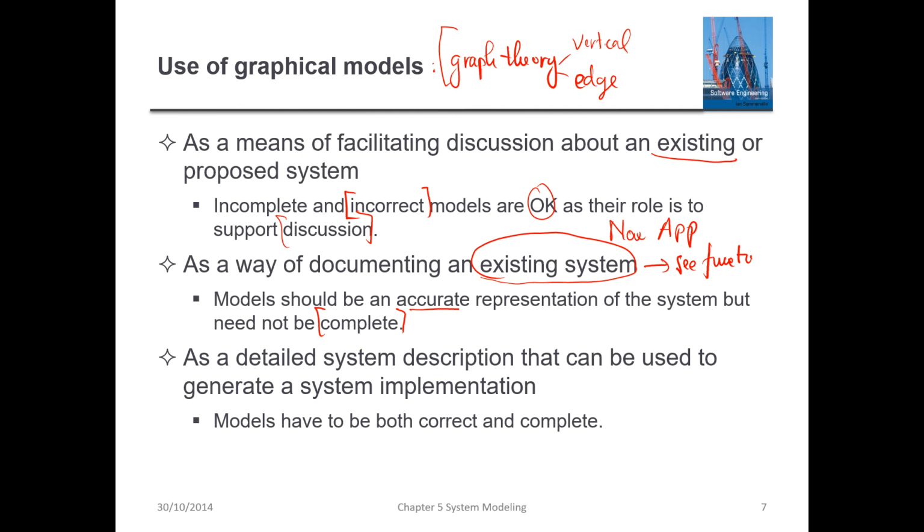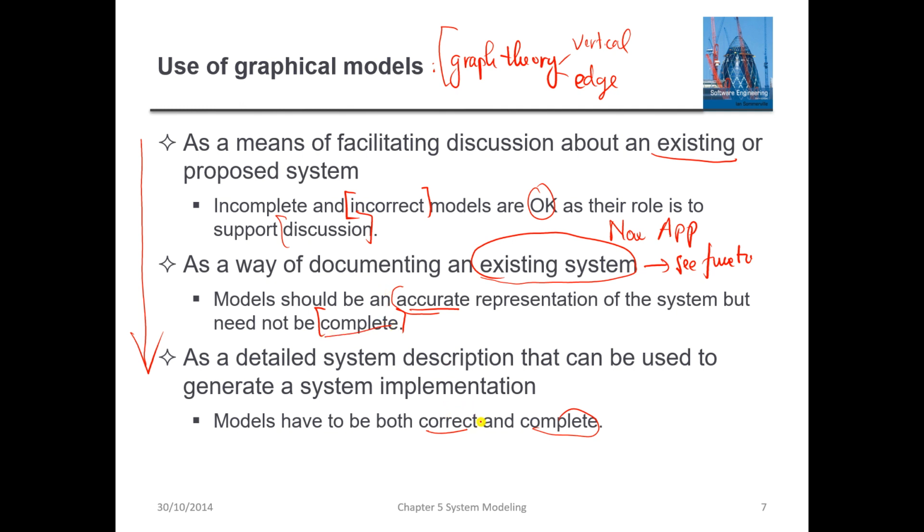Add a detailed system description that can be used to generate a system implementation. Models have to be both correct and complete. There are three levels. First, it can be incomplete and incorrect. Second, it must be accurate, but can be incomplete.